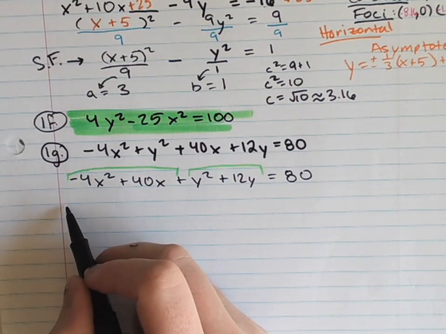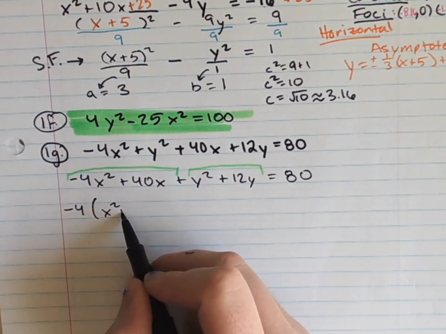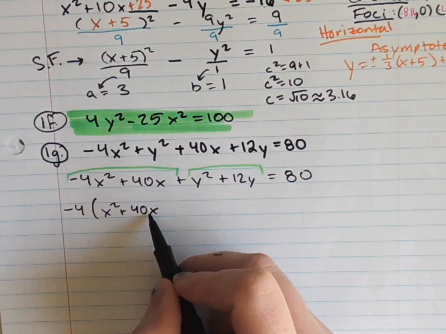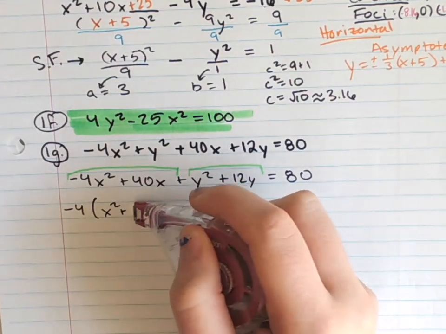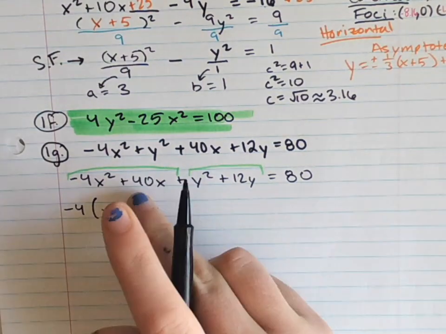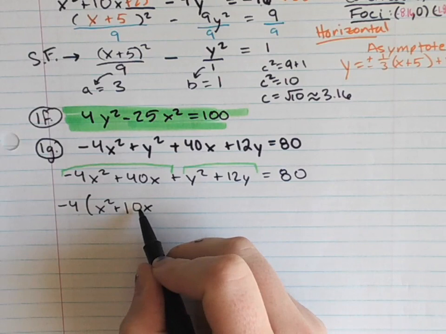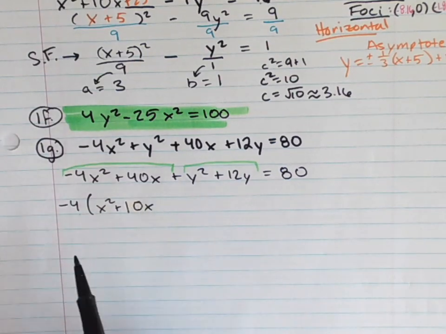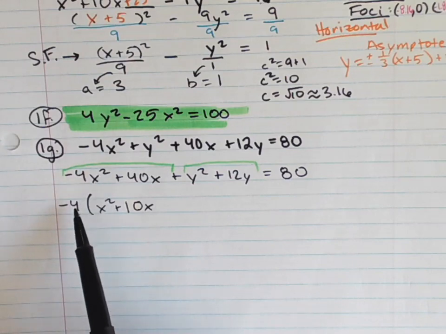So we'll have -4 times x squared plus, oops, not 40x, we factored out a -4, so it has to be 10x. Because if we reintroduce this -4, -4 times x squared is -4x squared.